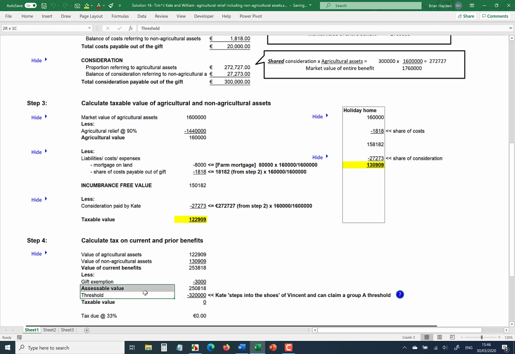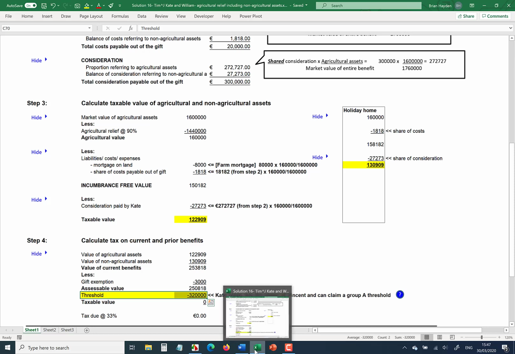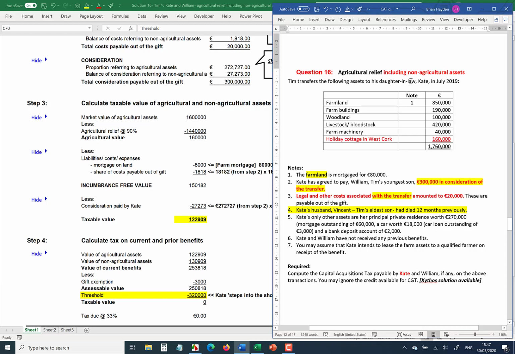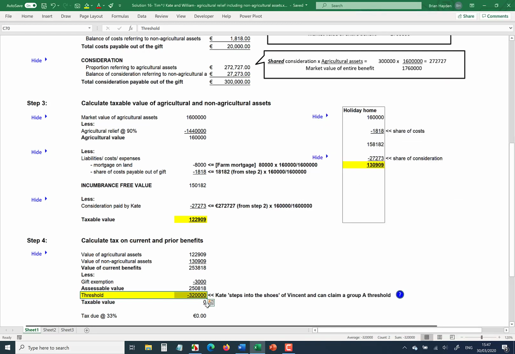Now, a point worth noting here, the threshold is 320,000, and this is despite the fact that Kate is not the daughter of Tim, she's the daughter-in-law, and daughters-in-law don't normally get the Group A threshold. But this is the consequence here. Kate steps into the shoes of Vincent, her deceased husband, and Vincent was the son of Tim, so she can claim a Group A threshold.